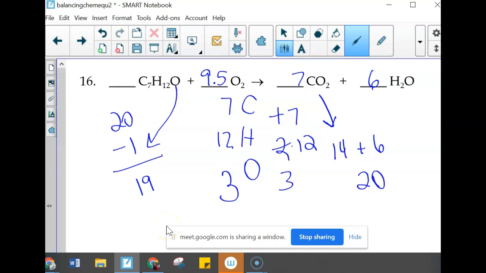Then I'm going to multiply. Oh, go ahead. Sorry. 0.5. Why do we write that? I need 19 more on this side, right? Yes. And so I have to say 19 divided by 2, because whatever I put in front of this O2 is going to have to be multiplied by 2, right? Okay. So 9.5 times 2 is 19, yes?